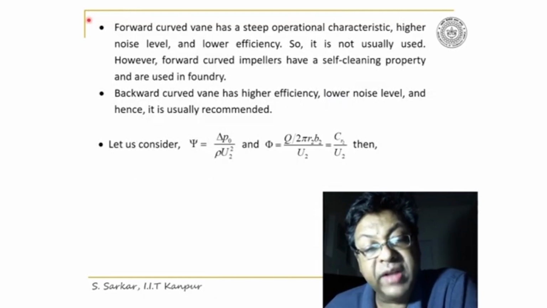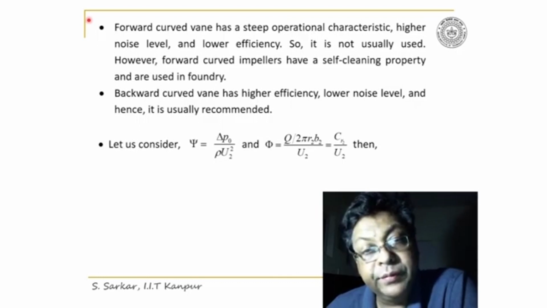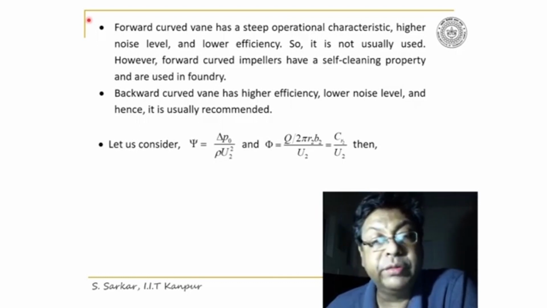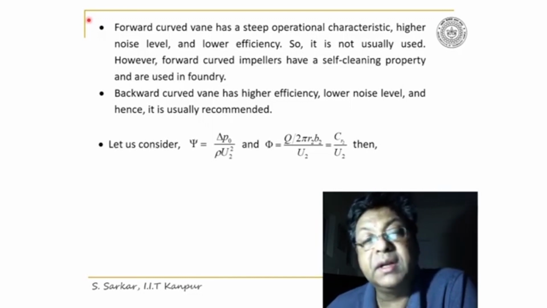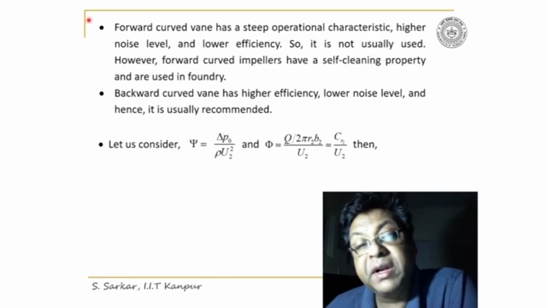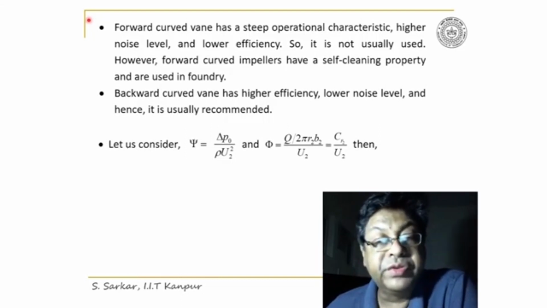Further, please note that forward curved vane has steep operational characteristics, higher noise level, and lower efficiency, so it is usually not used. However, forward curved impellers have a self-cleaning property, so they are often used in foundry.